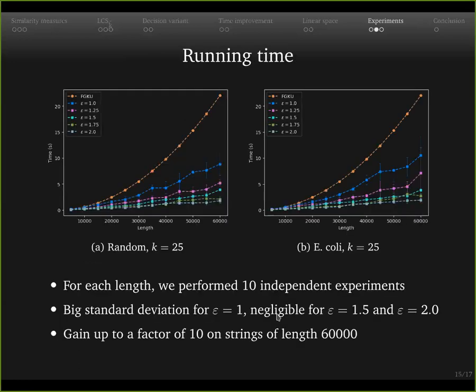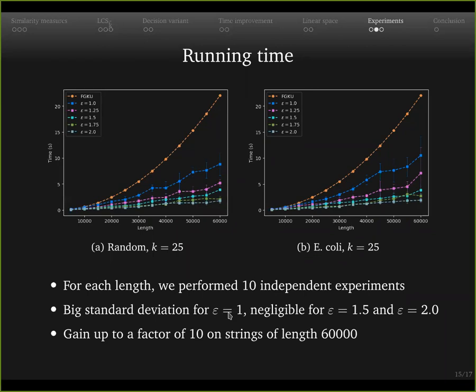The first thing we compared the two implementations on was the running time, and this running time was obtained by, for each length, performing 10 independent experiments to have an idea of the standard deviation. We can see that the orange one is the dynamic programming one, and for all epsilon larger than 1, the linear space algorithm is indeed more efficient.